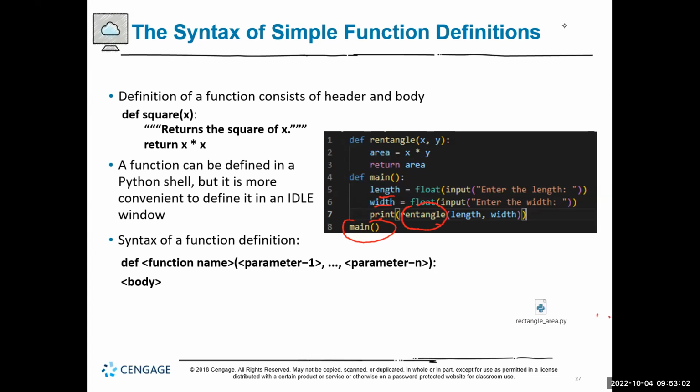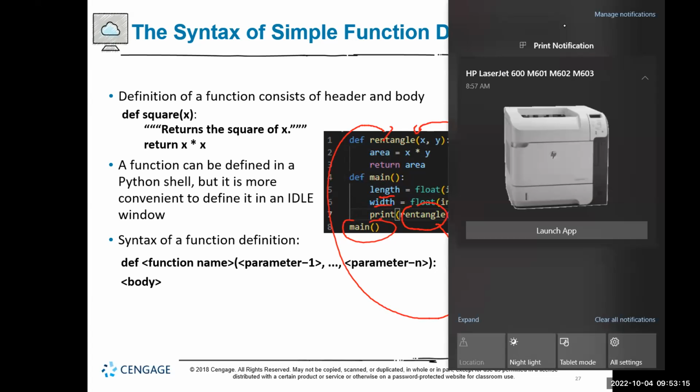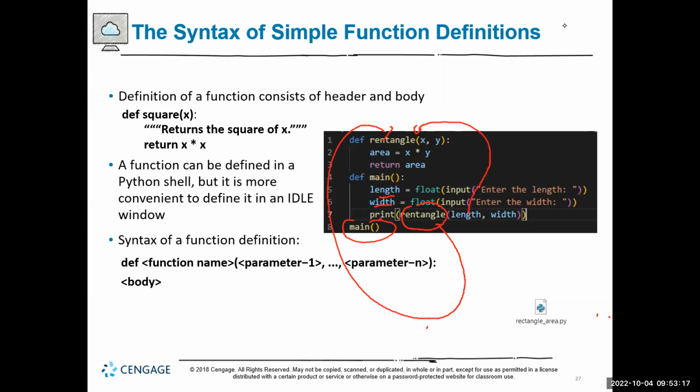So when it calls the rectangle function here, it moves to the rectangle function, and it passes the value of the length to x, and the value of the width to y. The area here is x times y, and it returns the area. And after this one, you print it out.